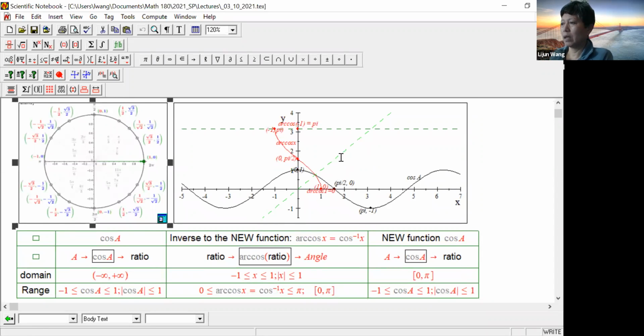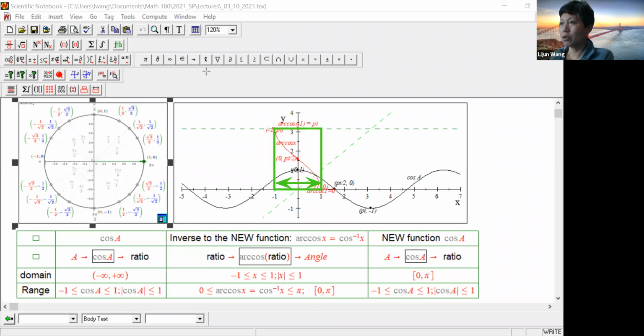Okay, arc cosine. Once again, if you look at the box, that tells you the domain and range. Domain: horizontal span from -1 to +1.